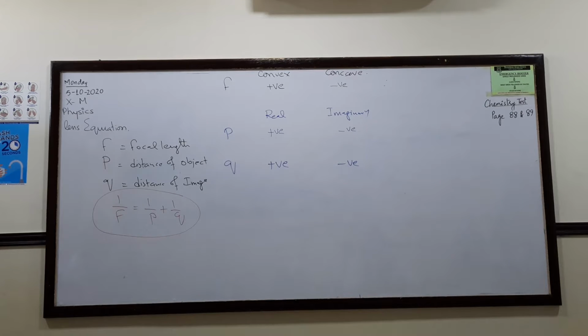If you calculate the value of q and find that it is negative, it means that the image is virtual.